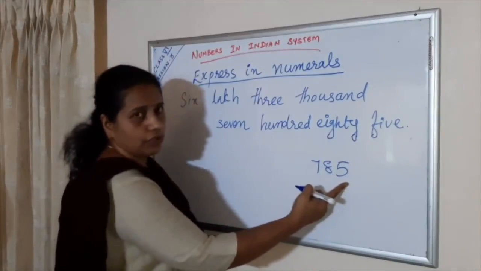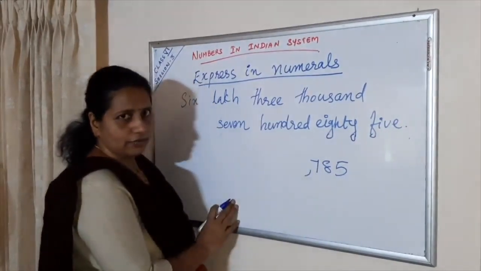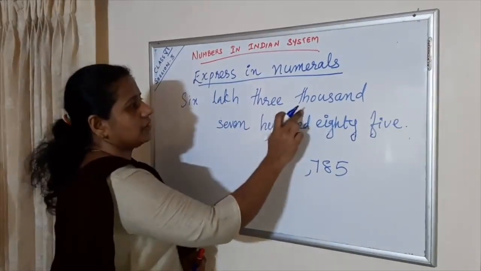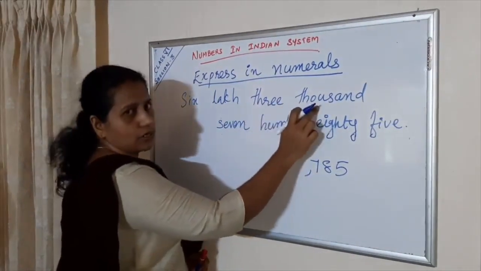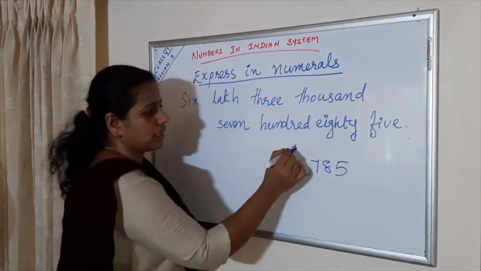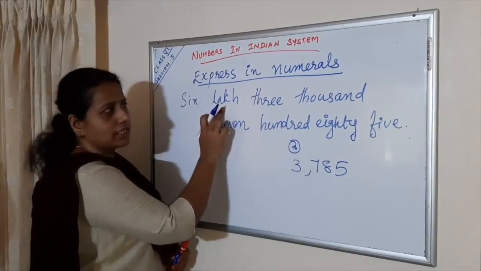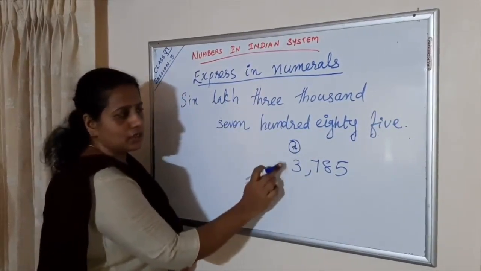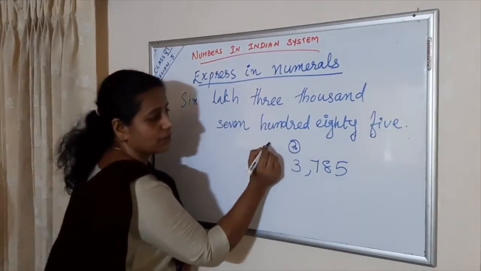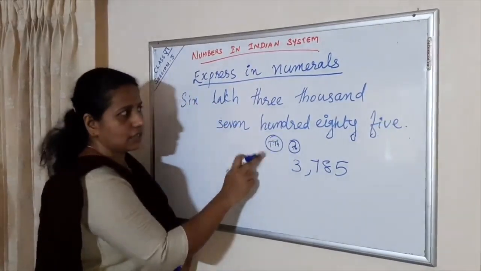Then you know that after 3 place values we insert the first comma. Then next one is 3,000. So we write 3 in the thousands place. Then next one 6 lakh. Then tell me, after 1,000, which is the place value? 10,000. Is there anything in the 10,000's place?